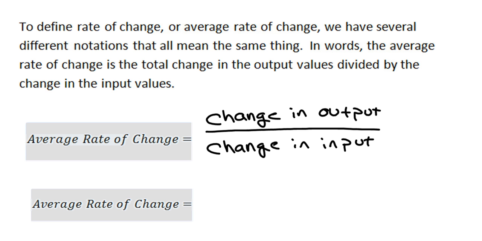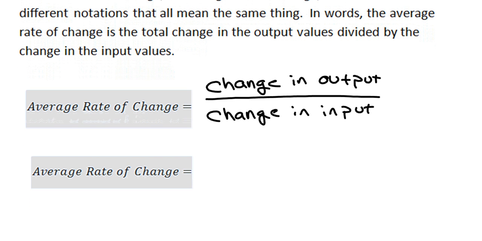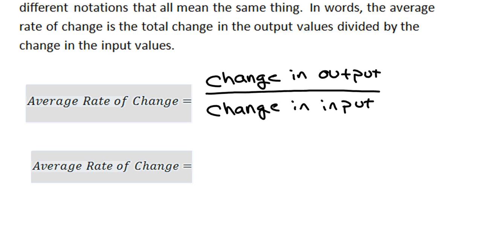Now, if you want to go more symbolic than that, a shorthand that mathematicians commonly use for change is delta, the little triangle Greek letter delta, and we use it to symbolize change, the change in the output variables. The output variables we commonly refer to as the y variables, the variables along the vertical axis. So change in y per a change in the input variables.